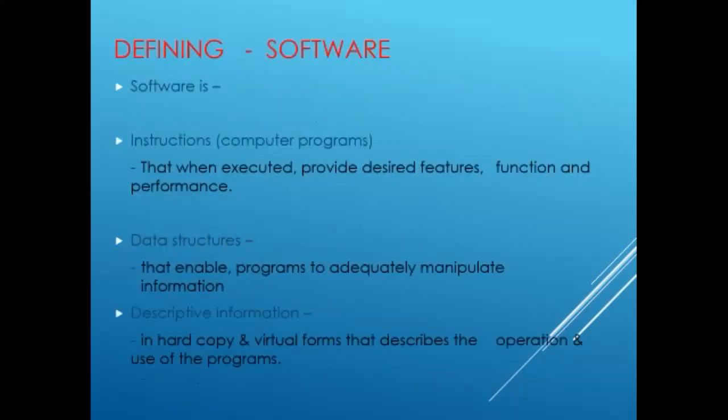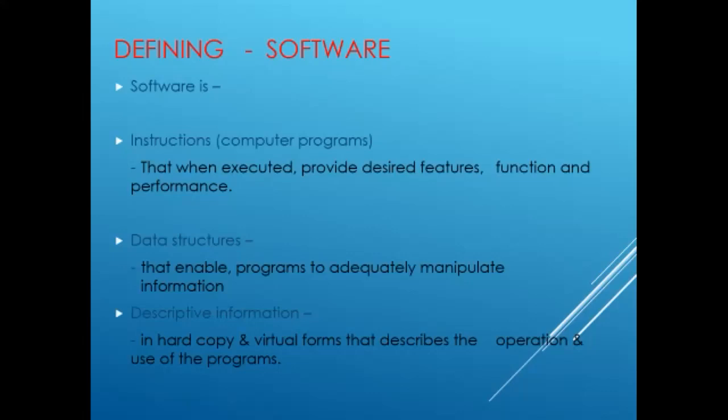Defining the software. This is the definition of software, that is, software is instructions, data structures, and descriptive information. In that, instruction is computer programs that when executed provide desired features, function, and performance.